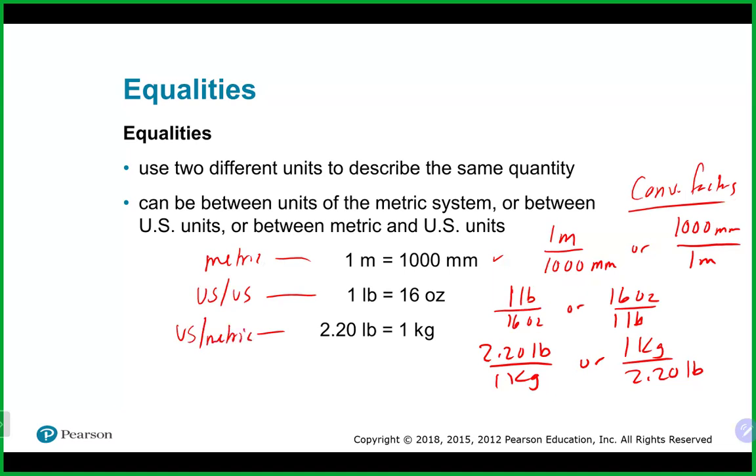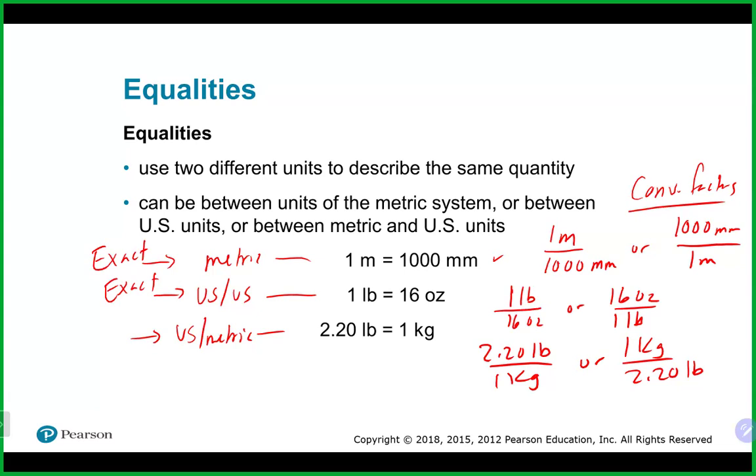Now, out of all three of those, this would be considered an exact number, which means when we use it in a calculation, we don't have to worry about the significant figures in it for our answer. This one you would actually have to look at again because it's a crossover between metric and English in terms of conversions.